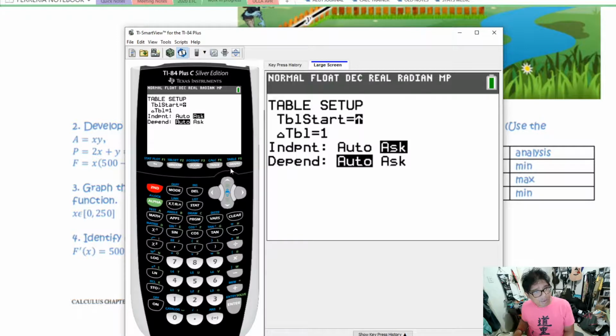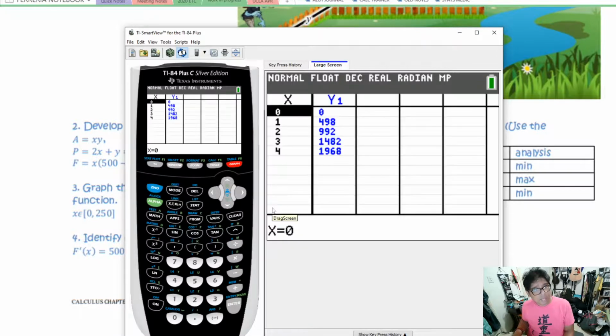Go to second graph for the table, and it will ask you for all the coordinates that you want. So we can just put a 250 here. Actually, we should have done 125, and then 250, and that gives us our table.